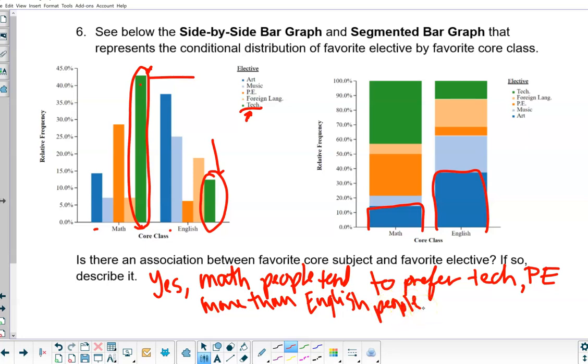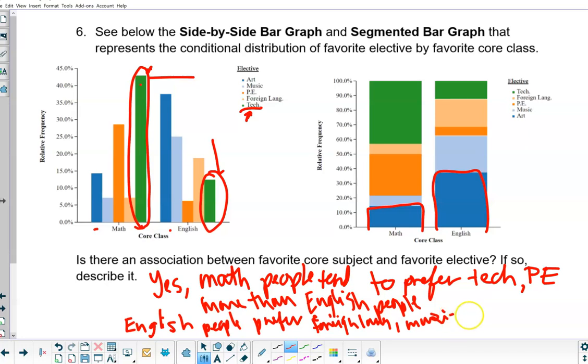And English people prefer the other three more than math. So it would be foreign language, sorry, I was trying to abbreviate that and that didn't work out. So foreign language, music, and art. Sorry, this is not loading very well. More than math.